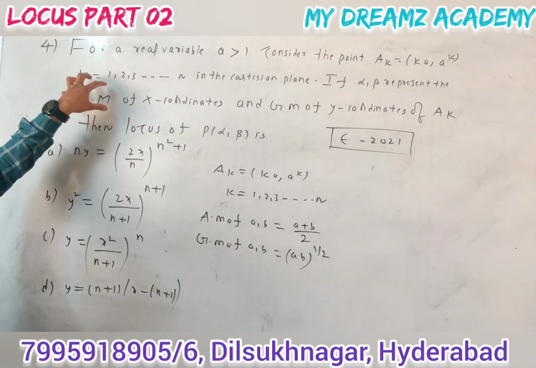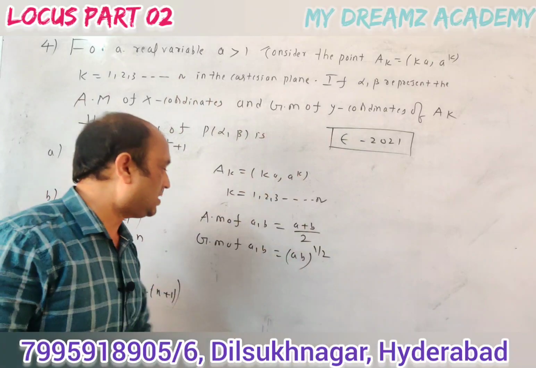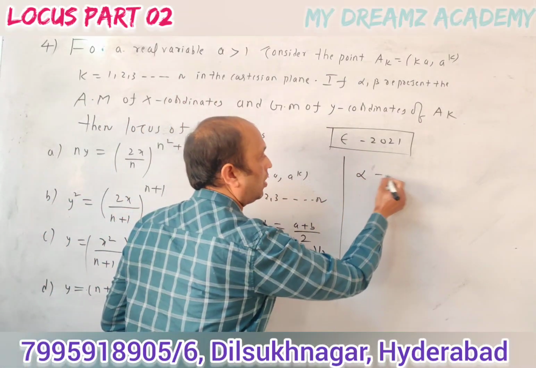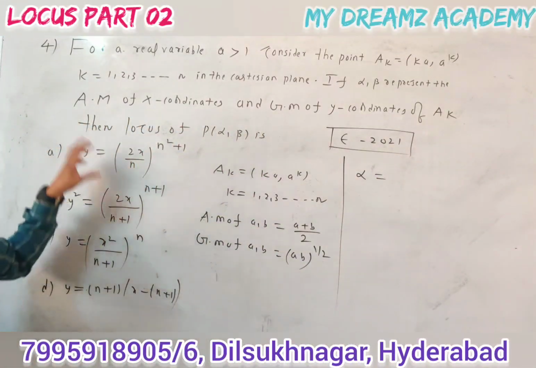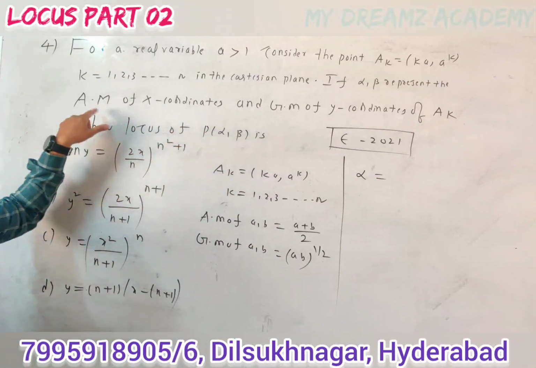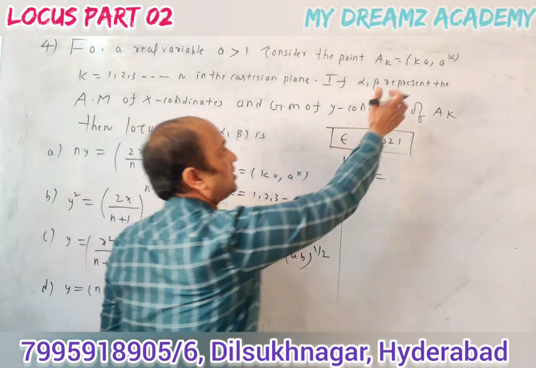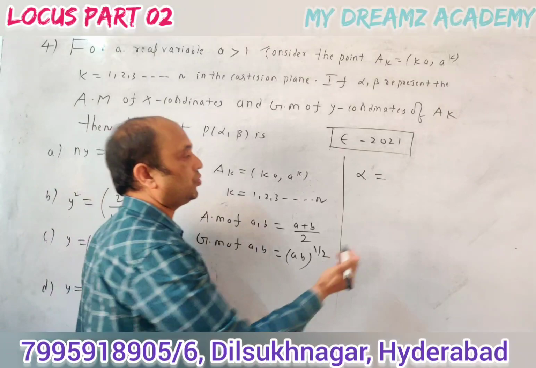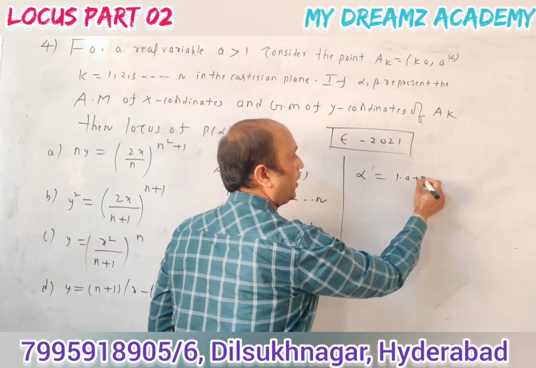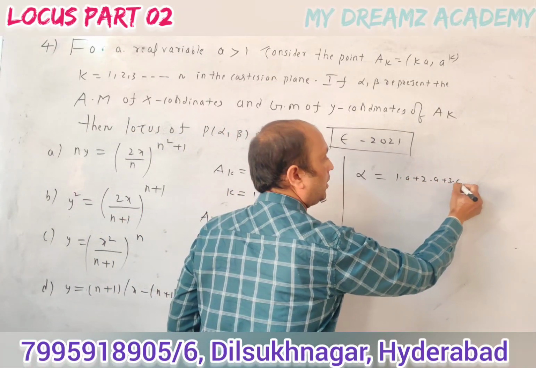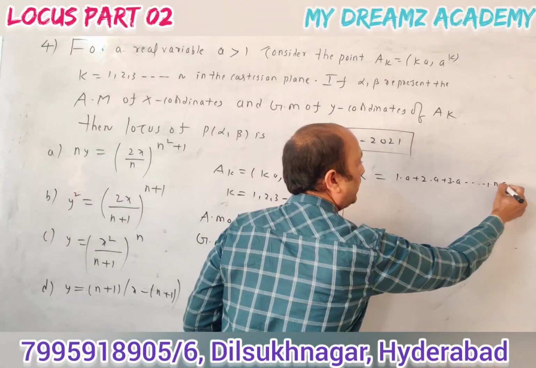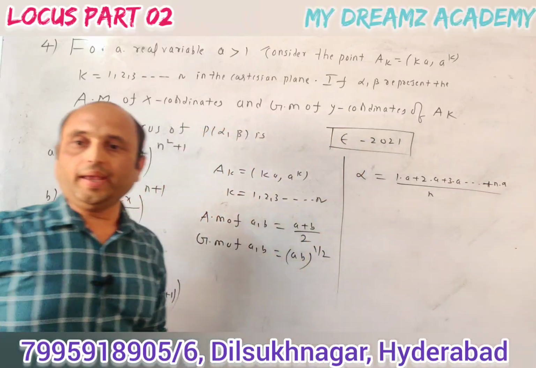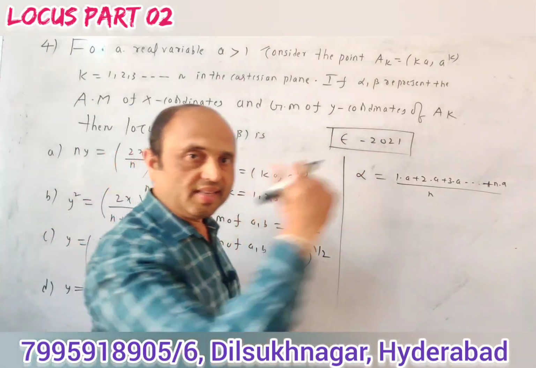Already given that alpha is the arithmetic mean of the x coordinates. The x coordinates are ka, and k is 1, 2, 3. Therefore 1 into a, 2 into a, 3 into a, up to n into a, divided by n. Now take a common.